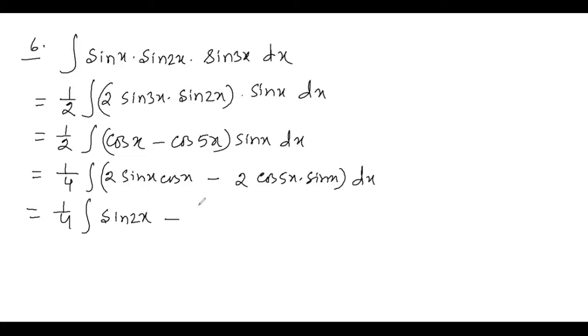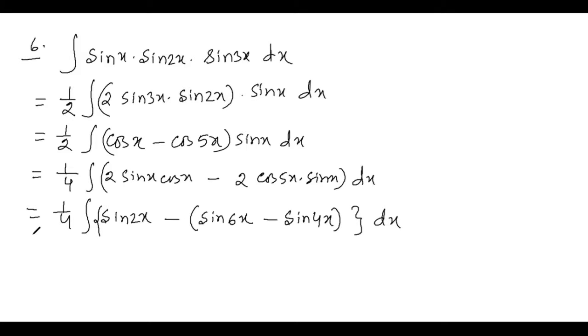Here what we will do? Here, the previous formula I discussed, that is sin of a plus b, that is 6x, minus sin of a minus b, that is 4x, dx.